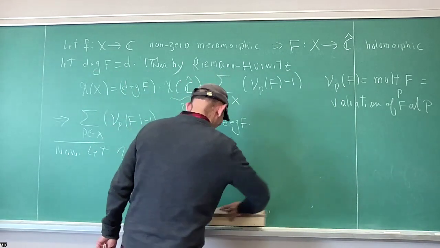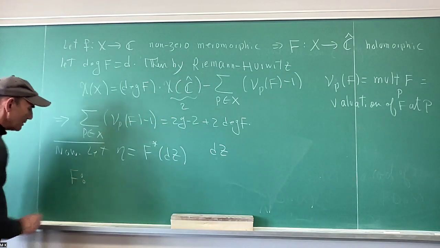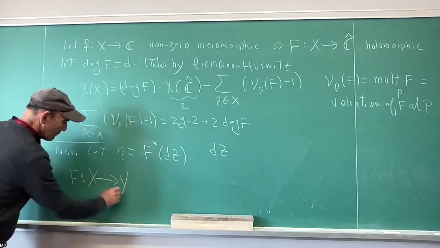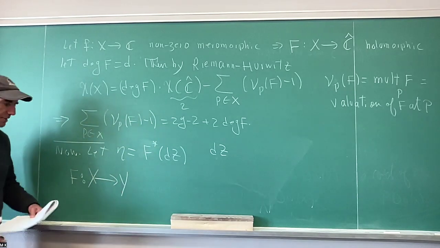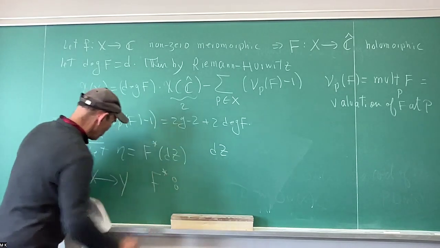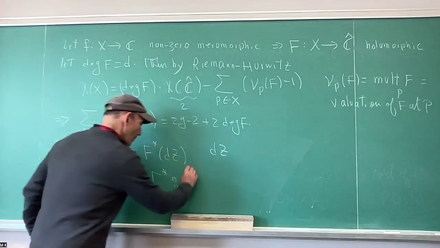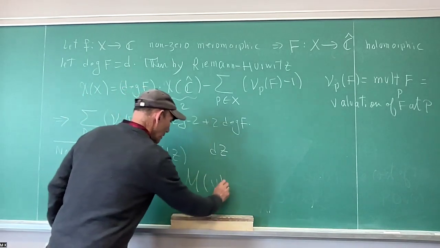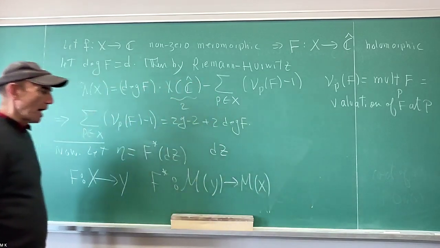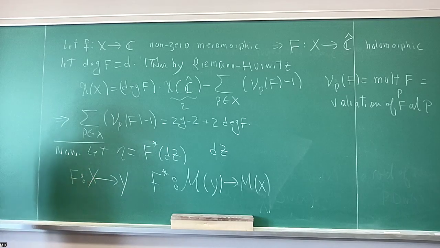So your question, what is F star? I told you, anytime you have a map between Riemann surfaces, X to Y, very generally, you can pull back objects from here to here. First of all, you can pull back meromorphic functions on Y to meromorphic functions on X. This is a field map, so it's definitely going to be an injection because this map is a surjection anyhow.